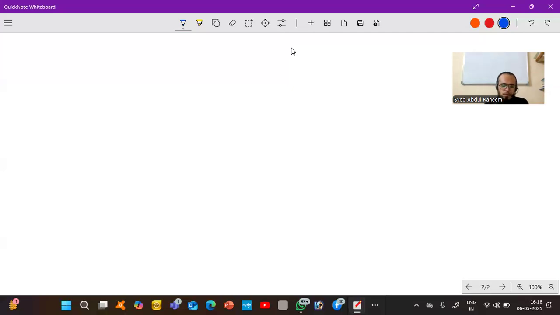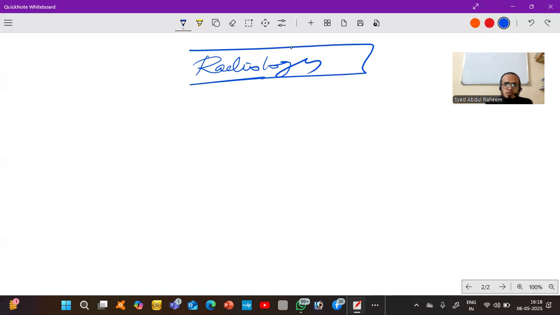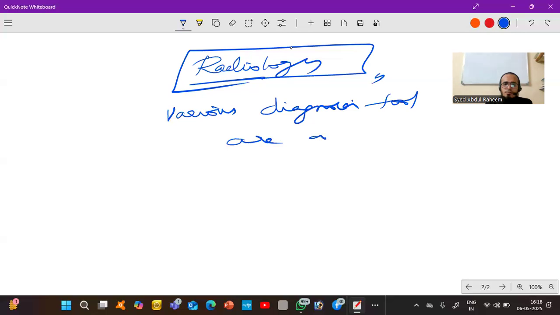So basically, in radiology, various diagnosis tools are available depending on the rays.